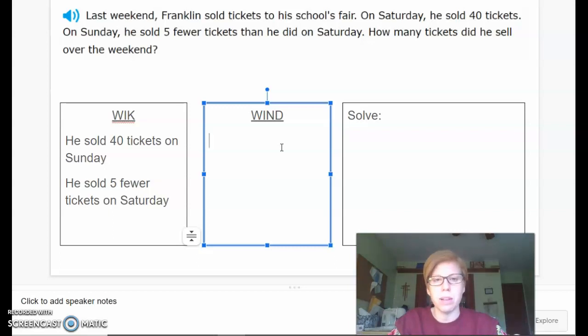Where's the missing piece of information? Well, we need to figure out how many tickets he sold all together. That's true, but there's a missing piece of information. How do we know how many tickets he sold all together? Well, if we know he sold 40 on Sunday, we need to know how many he sold on Saturday.